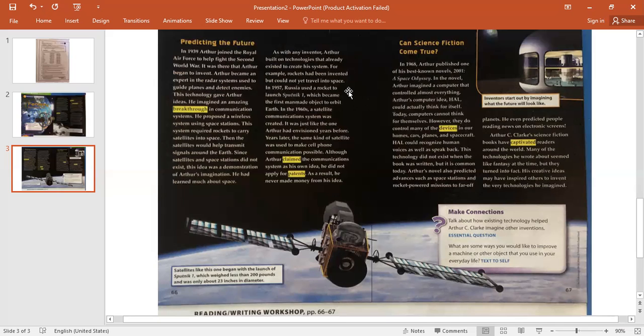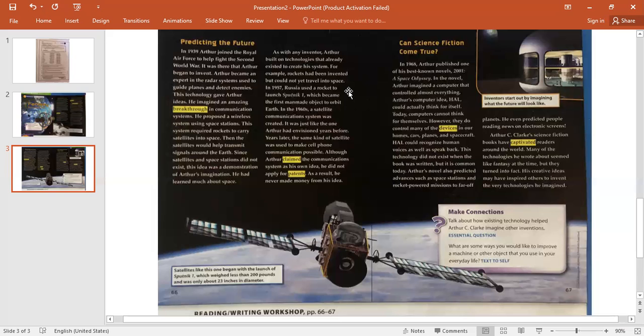There were no space stations, and computers at the time could not recognize and respond to the human voice. But the novel features all of these things. So these things were in the novel that was written so long ago, and they didn't exist at the time. But now, in the future, these things have become reality.